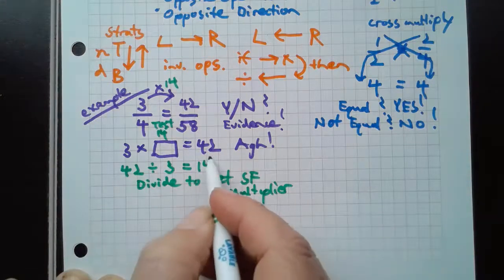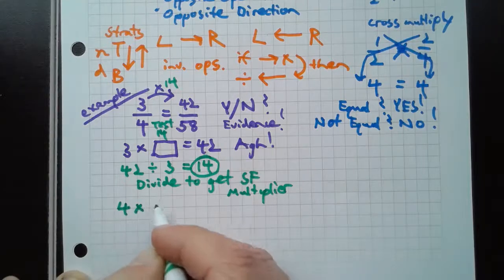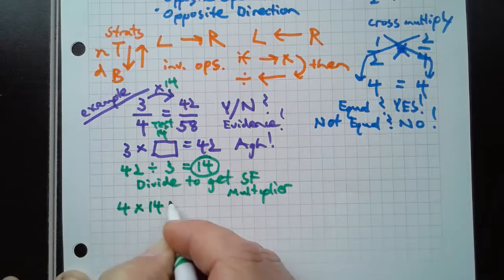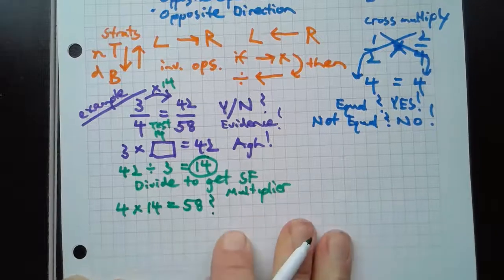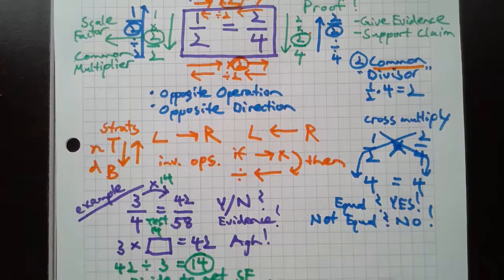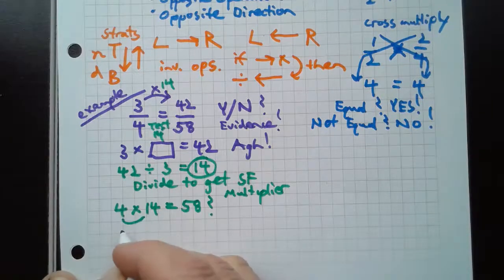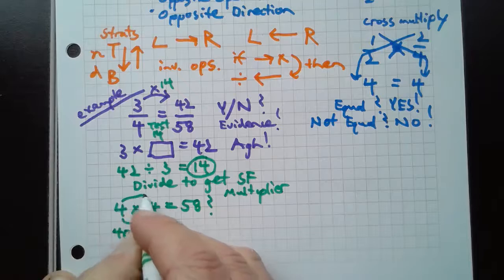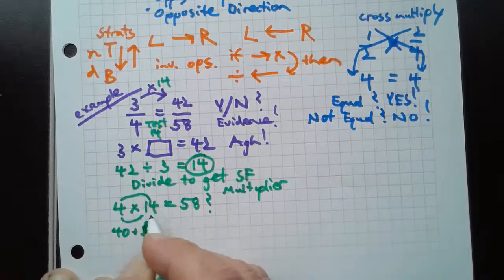So now that I have my multiplier, I'm going to see if it works. Does 4 times 14 equal 58? And just like up here, if the answer is yes, then the answer is yes. 4 times 10 is 40. 4 times 4 is 16.